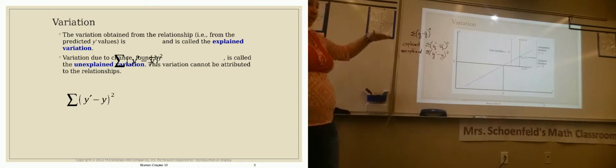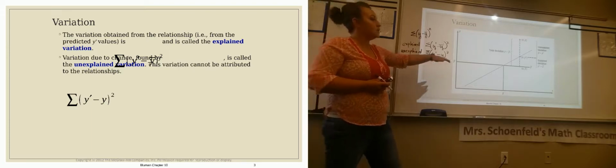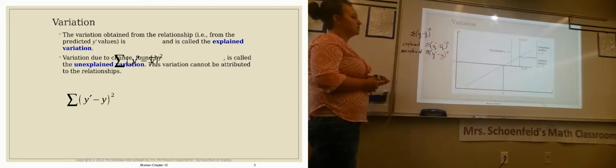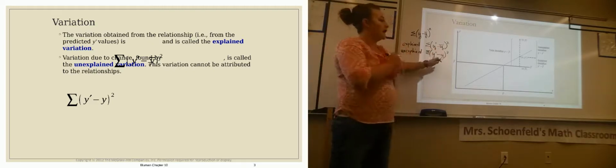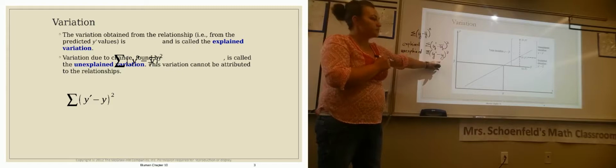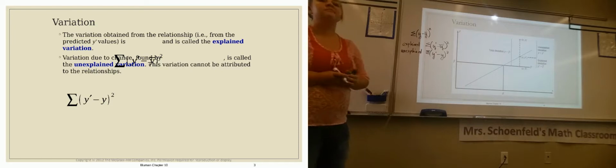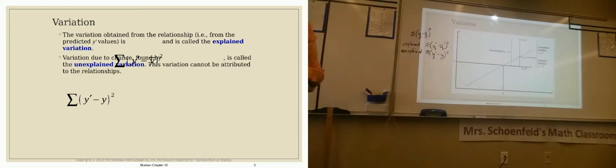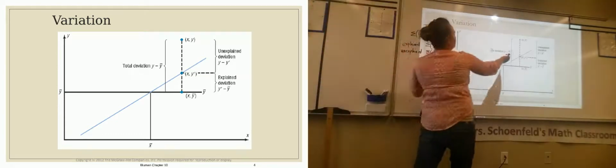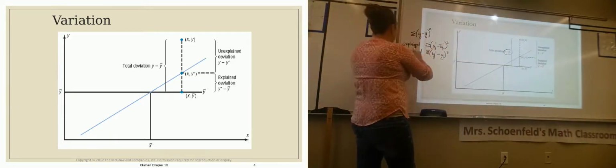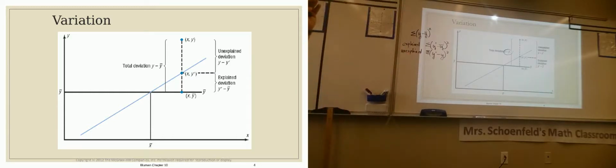The total deviation is y minus y bar, so each point to the average, and then y prime is the line, the y-equals line that we're talking about. The explained deviation is from the average to the point on the line.